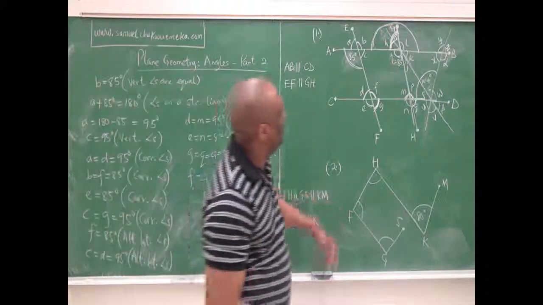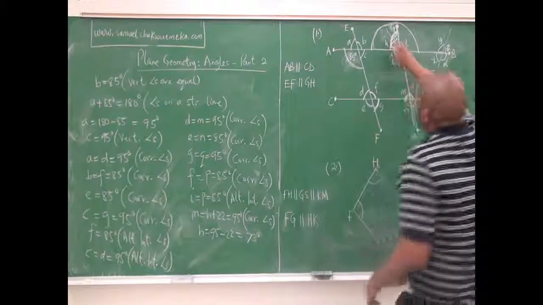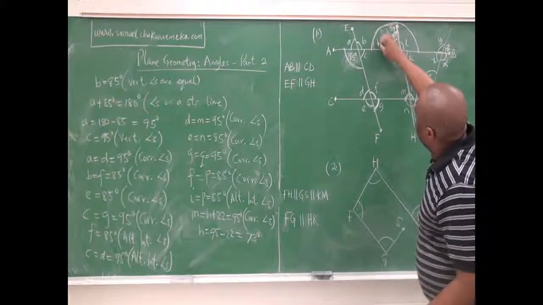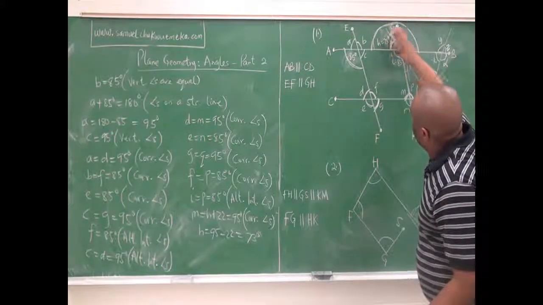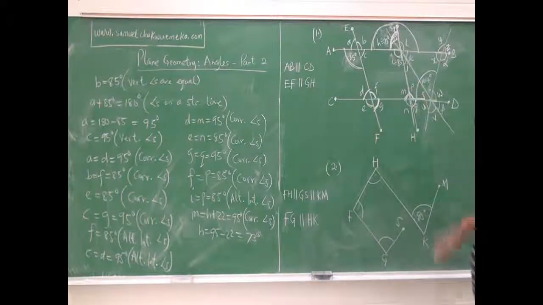So H is 73 degrees. Okay? Corresponding to N. And we found N, yeah, E and N. Okay. Alright. And we found Q as well. Okay. We found P. Okay.